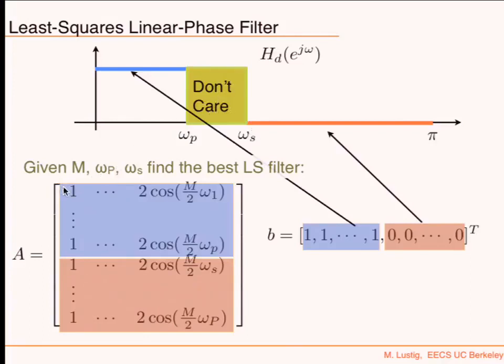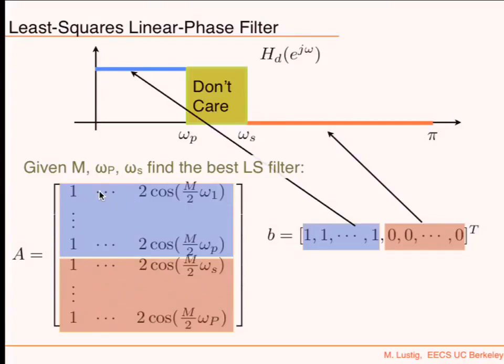And now I'm going to build the A matrix out of, instead of having complex exponentials in it, it's just going to have these cosines. So 1 plus 2 cosine omega 1, and then 2 cosine 2 times omega 1, and so on and so forth, till I get to M over 2 omega 1.